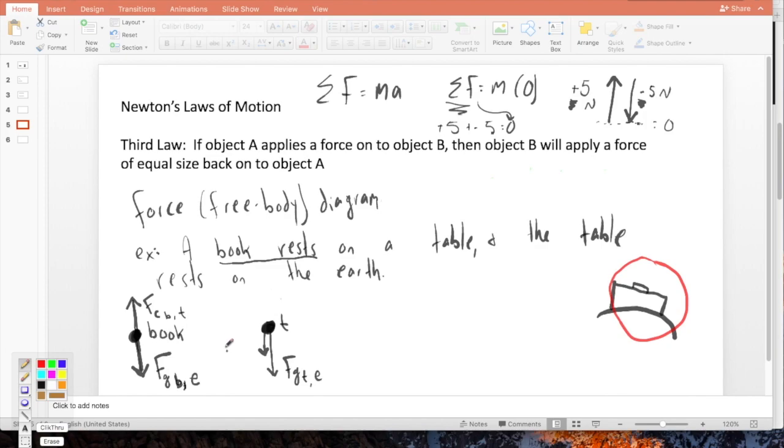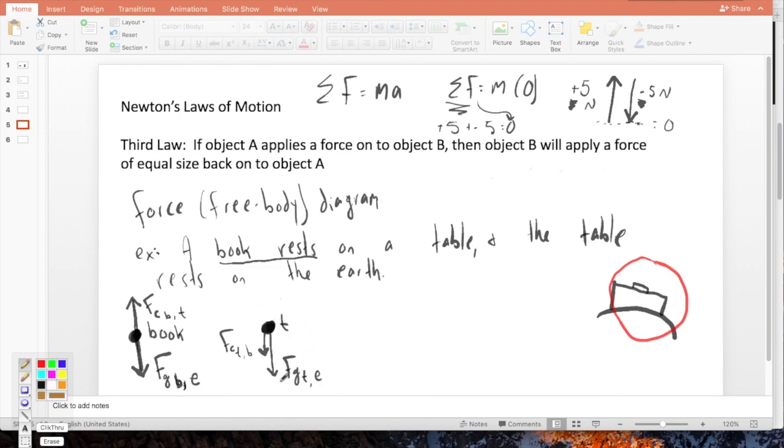It is a force of contact felt by the table, dealt by the book. So you can see I have two downward forces on the table. The Earth's gravity pulling it down, the book on top of it pushing it down. Do I have any other downward forces? I don't think so.